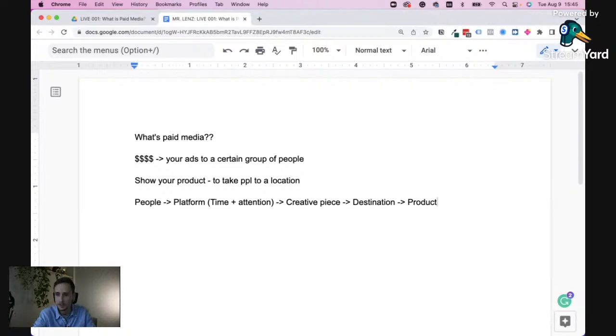Okay, so let's do this. Let me scroll down here on my notes. So yeah, look at the difference here. You have people, platform, attention, creative piece, destination, and product. So what do you need in paid media management?